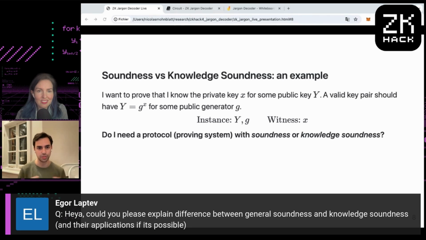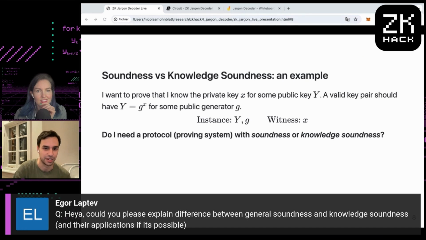Let's say I want to prove that I know the private key X for some public key capital Y. This is a very concrete blockchain example. The valid key pair should have Y equals G to the X, and discrete log is hard. If I give you Y, it's hard to find X. So we have this instance, which is Y and G, and we have a witness, which is X.